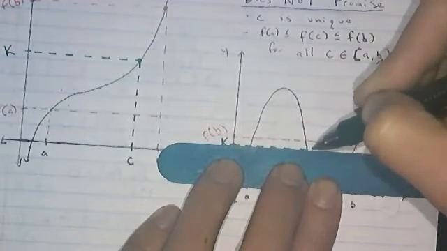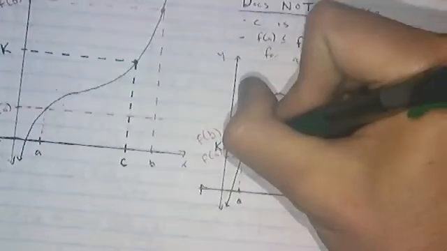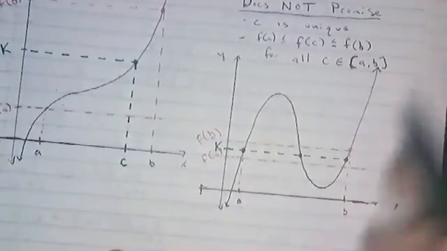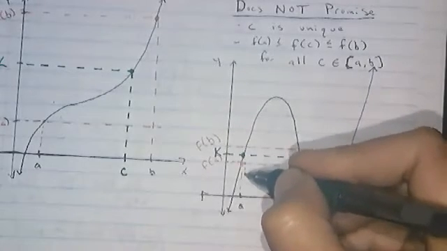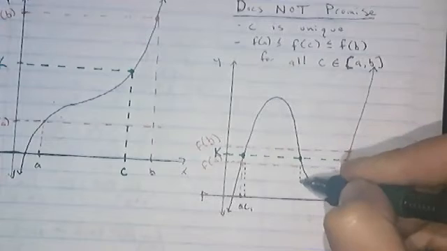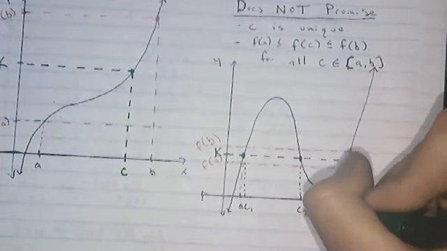So this helps to illustrate the first point. These C values are not necessarily unique. There could be more than one C on that interval that gives you the desired K. In this case, there's 3.